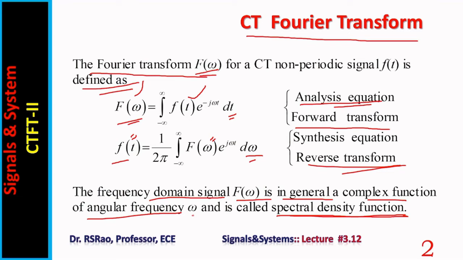As already mentioned, it is called the spectral density function. The description we are going to do right now uses these two defining relations quite frequently. For this reason, they are repeated here again.